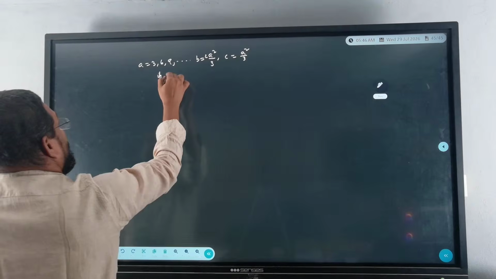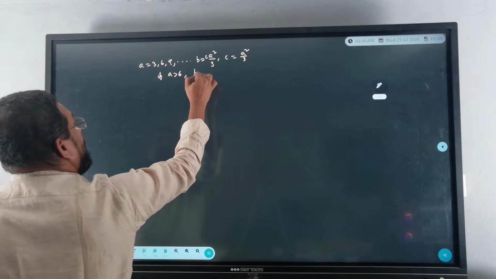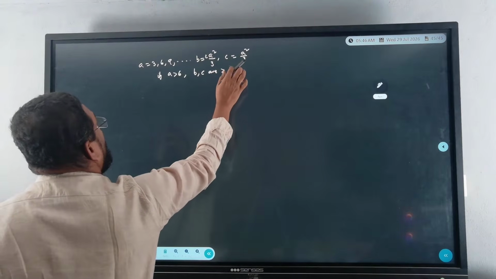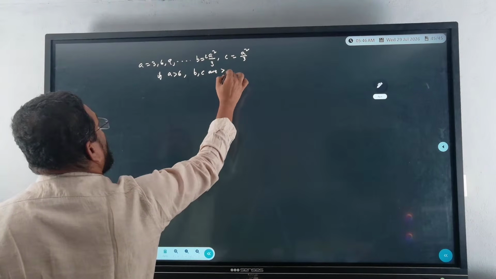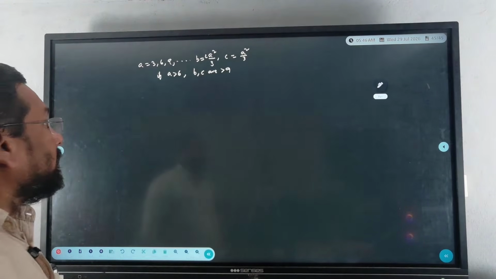If a is greater than 6, b and c are greater than 9.